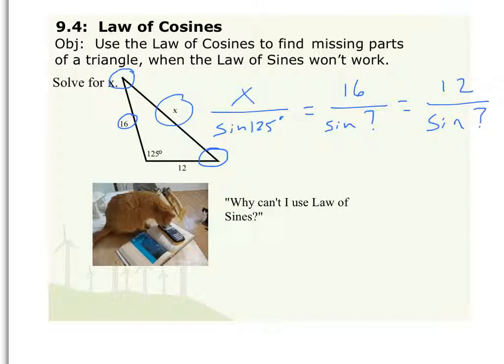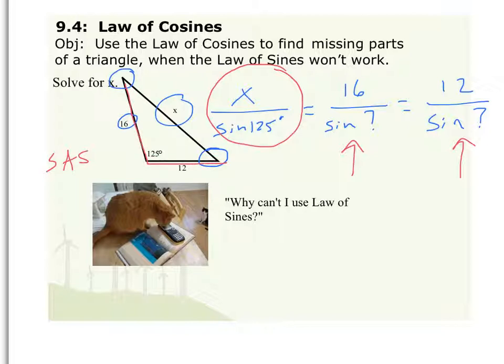Remember, if we want to find x, we have to include this ratio right here, and we need to set it equal to a ratio where we have a side length and the angle opposite. Don't have it, don't have it. Now, if we generalize this case, what we have here is SAS, or side, angle, side.